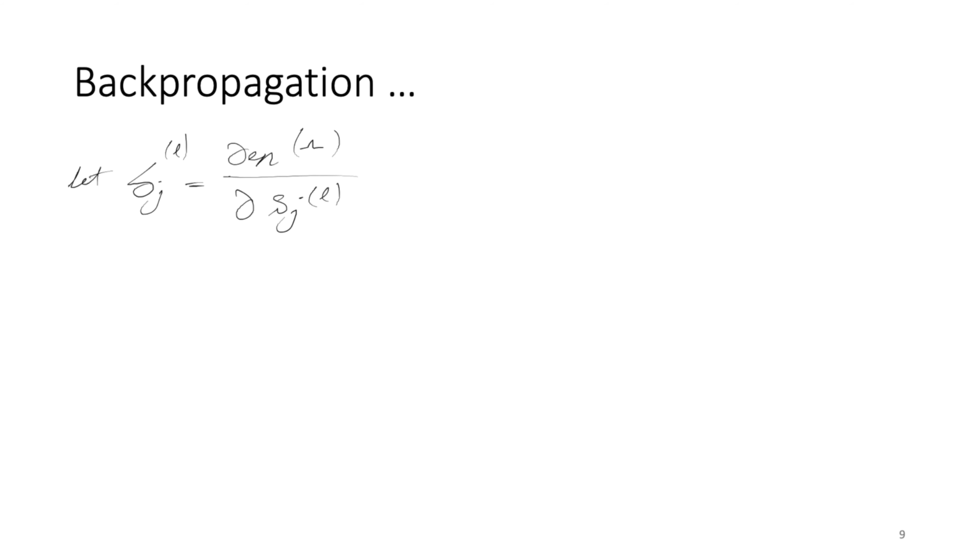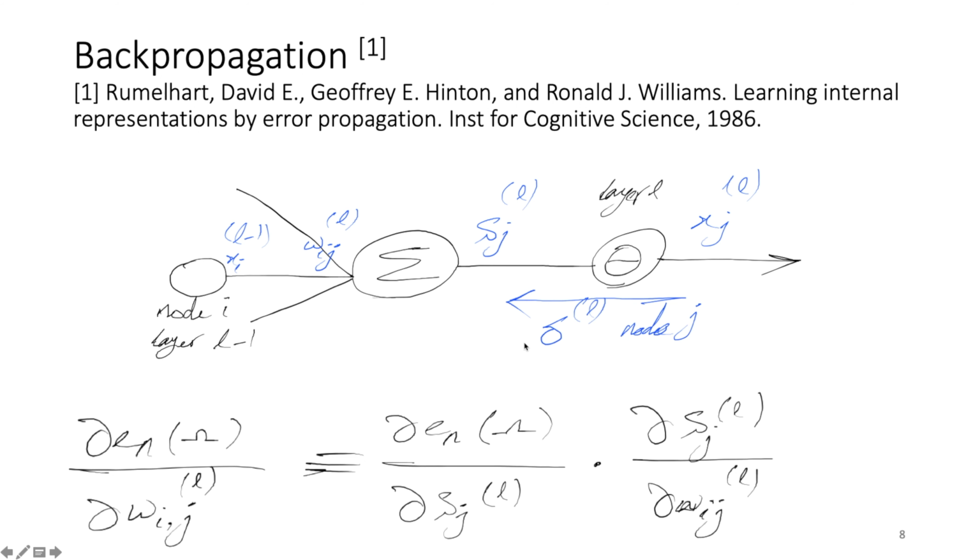So now let our delta_j of L be dE_n of omega over dS_j of L. So specifically this value that we wanted to compute here, right? Oh, actually, no, not this one, it's the other one here.